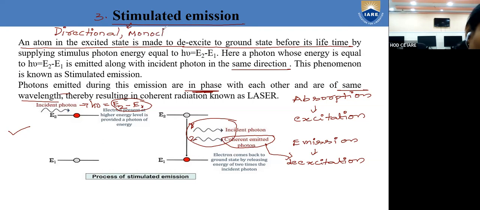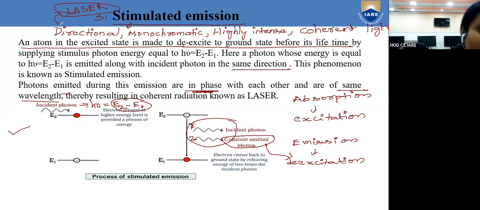So directional, monochromatic, highly intense. And what is one more property? Coherent light radiation. So we are going to get coherent light from stimulated emission. These are all properties of laser light.